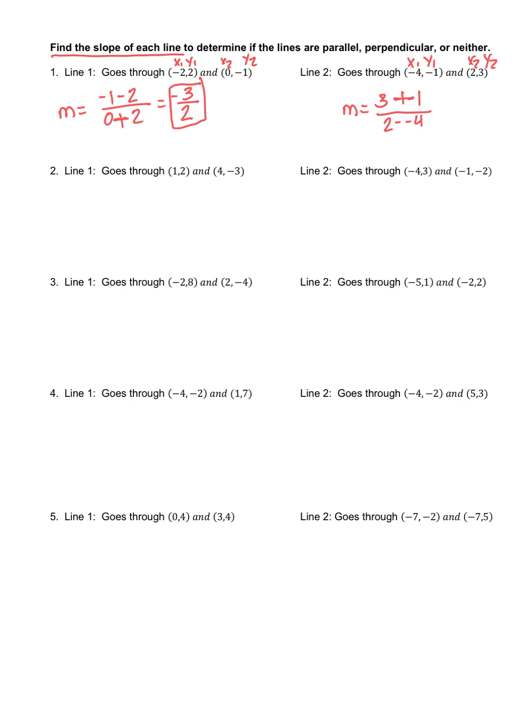Now those two negatives become a positive. So now we have 4. 3 plus 1 is 4. 2 plus 4 is 6. So 4 over 6, then we can reduce that down to 2 over 3. So let's look at our slopes, -3 over 2 and 2 over 3. That makes these perpendicular lines. So we will write perpendicular.